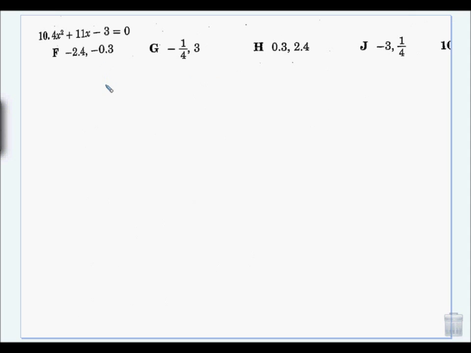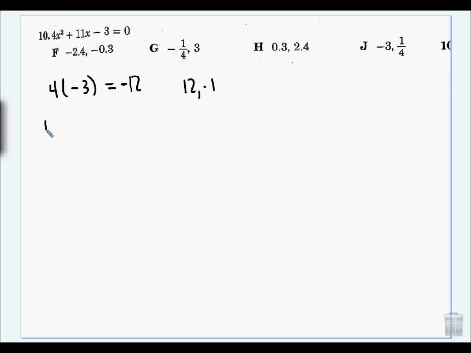Next, we need to solve this. So I'm looking at this. I don't want to complete the square. I can try to factor it. Let me see if it'll factor. Well, factors of negative 12 that will give me 11 are 12 and negative 1, so that will work.